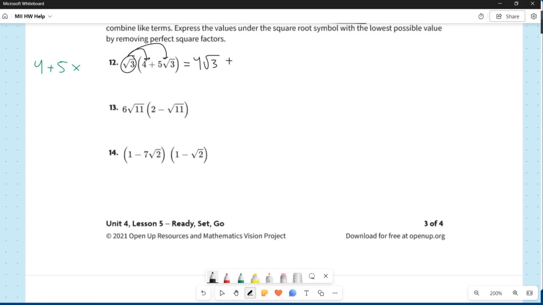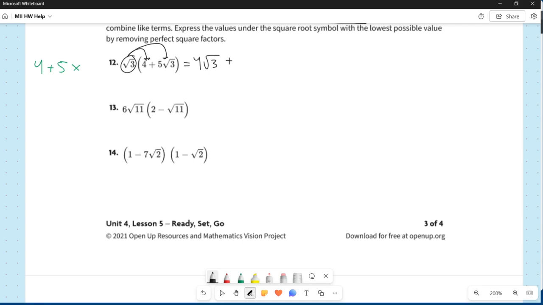All right. Plus, I have root 3 times 5 root 3. Just to clarify, that is 5 times root 3, just like our first result is 4 times root 3. So we have root 3 times 5 times root 3.